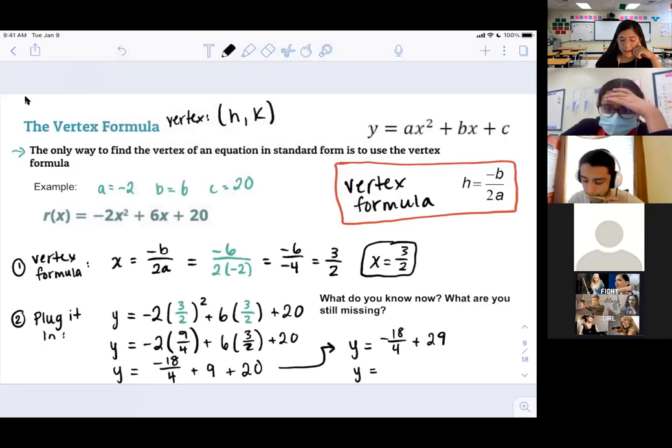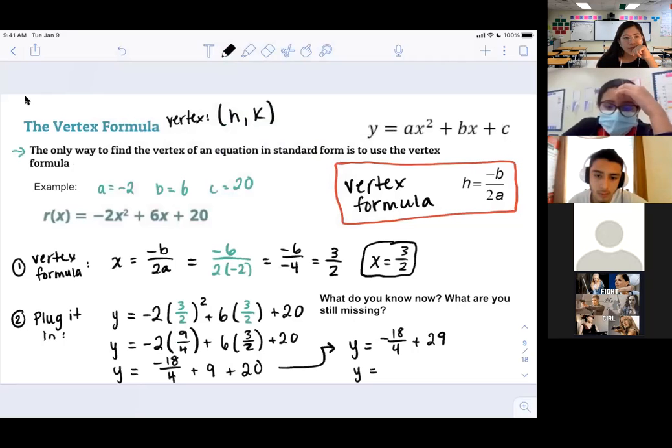29, and now, okay, this is a little bit annoying to do, but can anyone figure out the final answer? Can I just make it into a decimal, or do I have to find the common denominator and make that into a fraction? How about this? 18 over 4, can you make that into a mixed fraction?